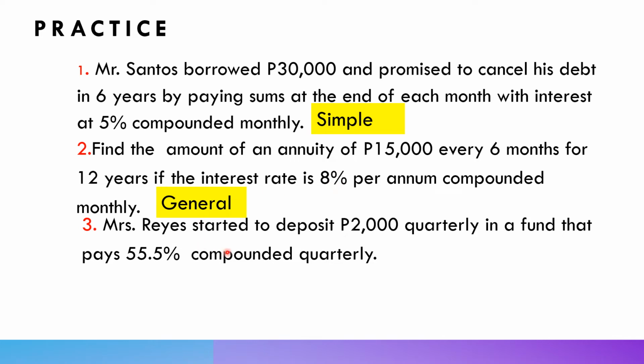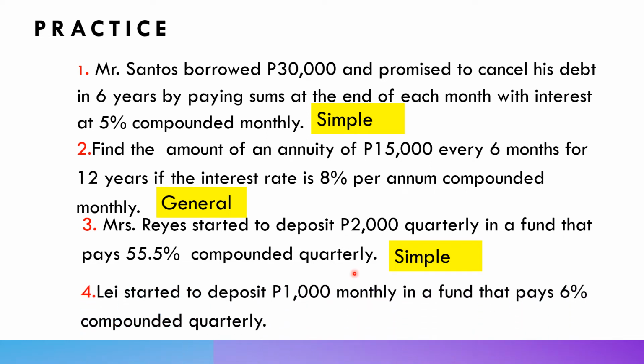Next, number 3. Mrs. Reyes started to deposit 2,000 quarterly in a fund that pays 5.5% compounded quarterly. So the same sila, quarterly and quarterly. Therefore, this is a simple annuity. Next, number 4.